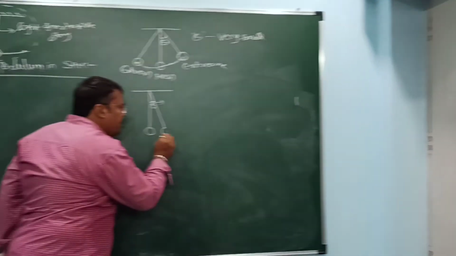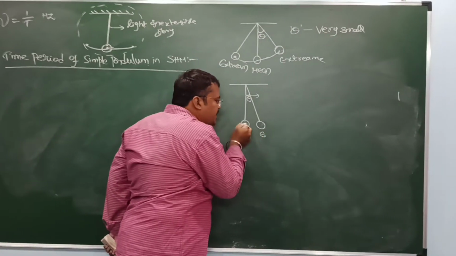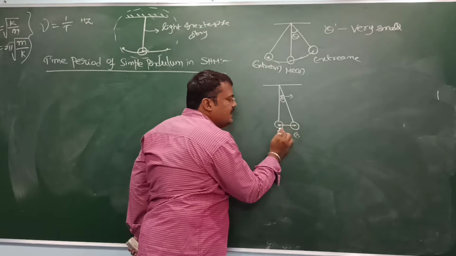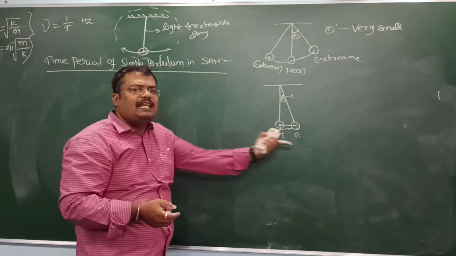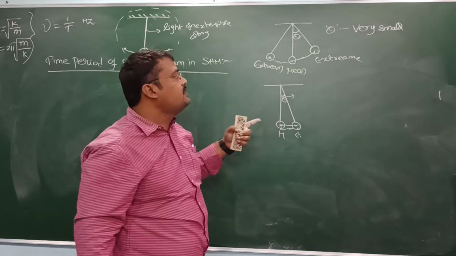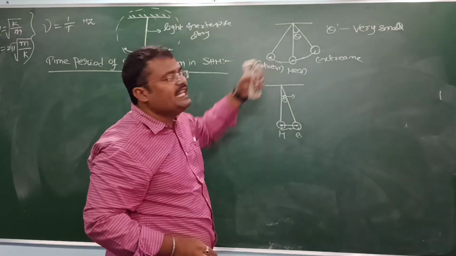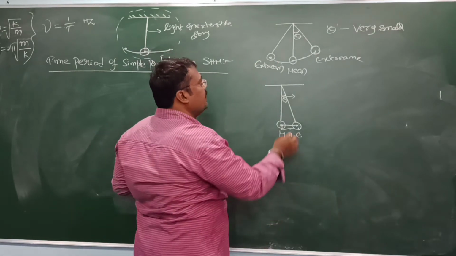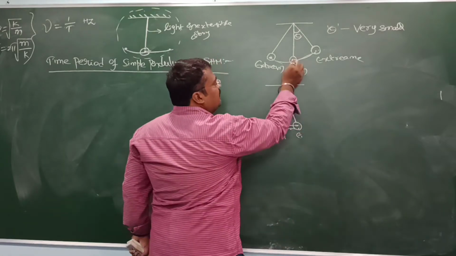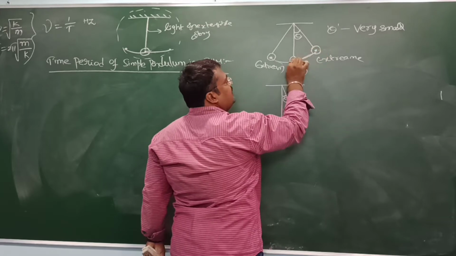Then what happens? The displacement of the particle from mean to extreme position, how is the path? It is a straight line, a linear motion. But why do we draw like this? It is for the zooming purpose, for the explanation purpose that I drew it here. Actually, when you take it like this, it is a circular path, it is an arc.